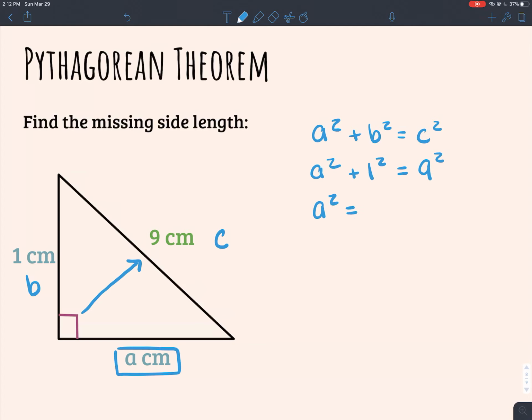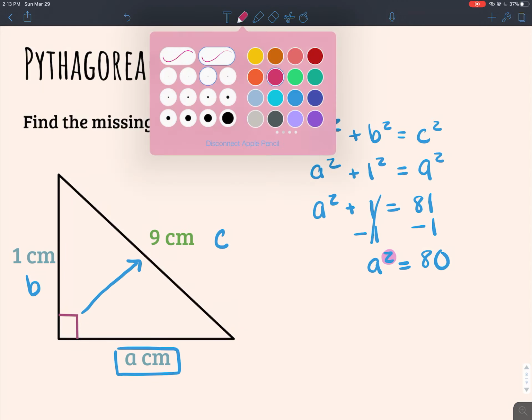So again, we're going to square all of our numbers. 1 squared is 1, and 9 squared is 81. To solve for A, we have to subtract 1 on both sides. 1 cancels, and we are left with A squared is equal to 80. And again, we have our little 2 that we have to get rid of.